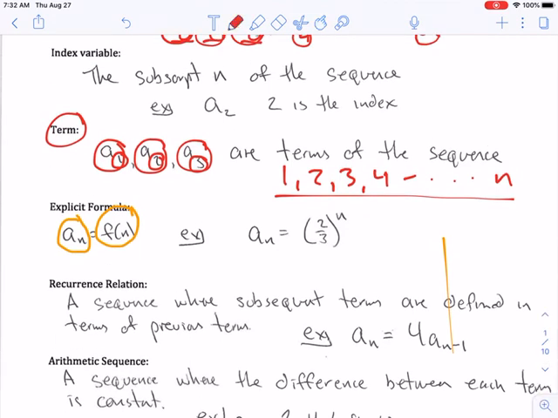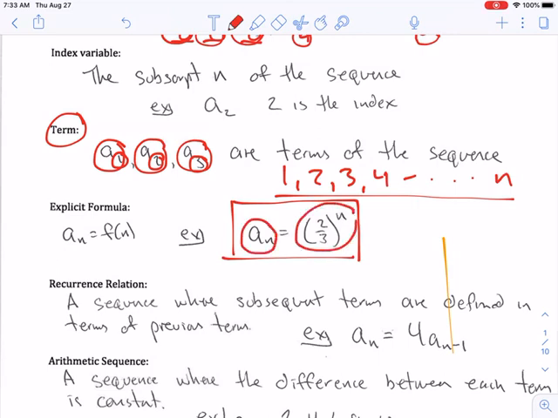Now, sometimes we want to write a sequence as a formula. Instead of just writing it as an ordered list of numbers, we want to write it in a formula, like we would write a function as a formula. And so a sub n, which represents our sequence, would be the formula for the sequence. When we usually start with a sub 1, we let n be equal to 1.